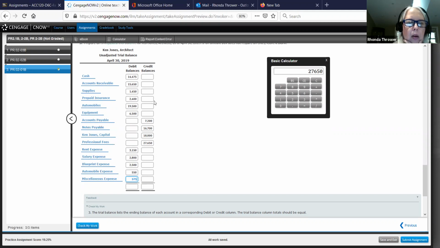The next step of the unadjusted trial balance is to add all the debits together to get the total debit balance for this month. So we're going to start with cash at $14,475. I'm going to add to it $15,650.